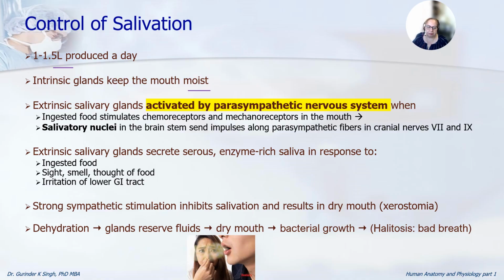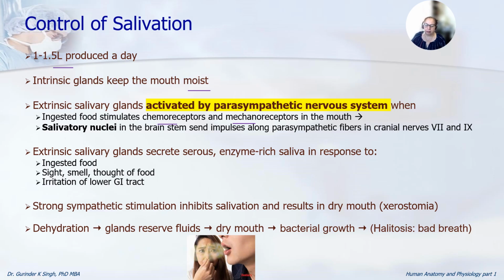So whenever you smell food, or the food is inside your mouth, or you even think about the food, that stimulates the chemoreceptors or mechanoreceptors present inside your mouth cavity, and that will trigger the salivatory nuclei in your brain stem.